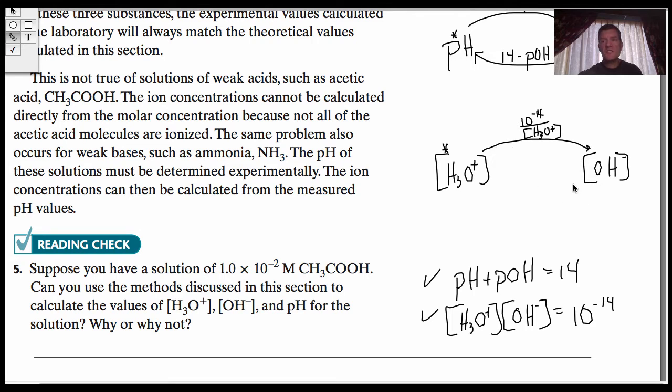If I want to go the other direction, hydroxide to hydronium, then I would take 10 to the negative 14 and divide by hydroxide. So just knowing that they multiply together to give me 10 to the negative 14, I divide 10 to the negative 14 by the one I know to get the one I don't know.